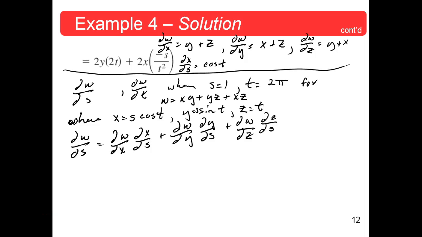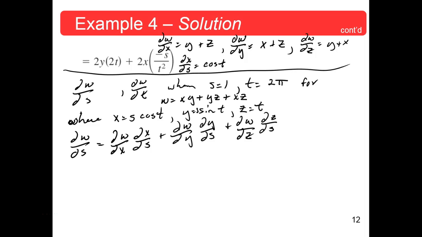To introduce this now almost makes it seem like you should plug that in right at the beginning. You can't. You have to take all your partials first with respect to the variables, and then at the end you plug in what they are. Because if you plug in now, they're all constants. You take a partial and it's 0. Wouldn't that be a shortcut? Yeah, but you wouldn't wind up with any answer.